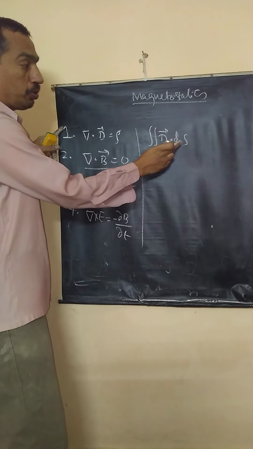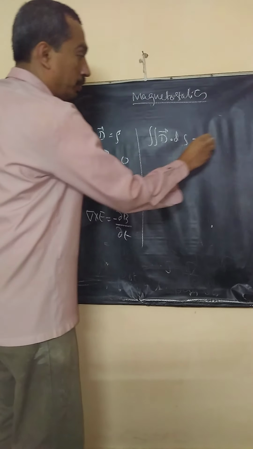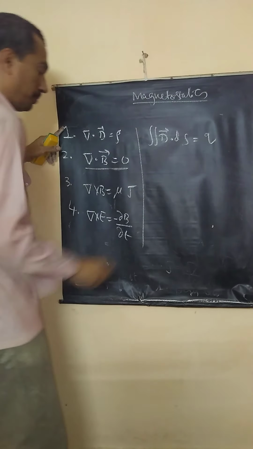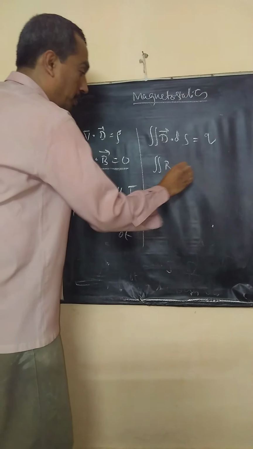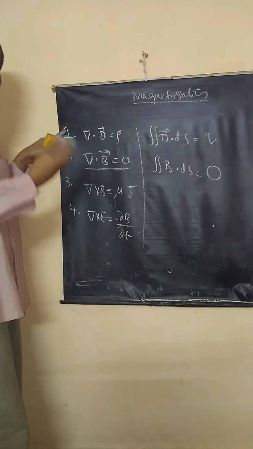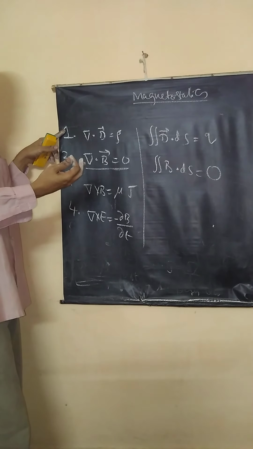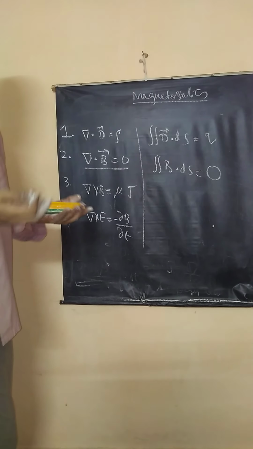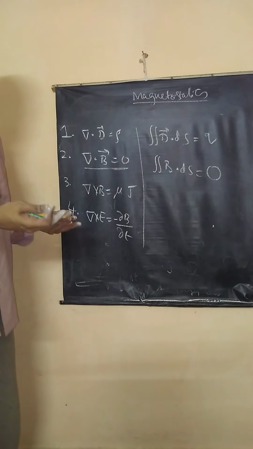Flux per unit area into total area. Total flux is equal to total charge enclosed. In magnetostatics, the total flux from a closed surface is equal to 0 because the number of flux lines entering is equal to the number going out. Magnetic flux lines always form closed loops. Suppose you have a circle, you don't know where the beginning is, where the end is, right?